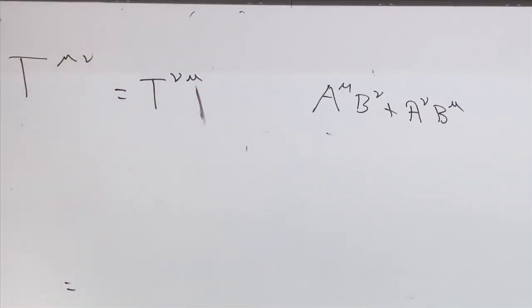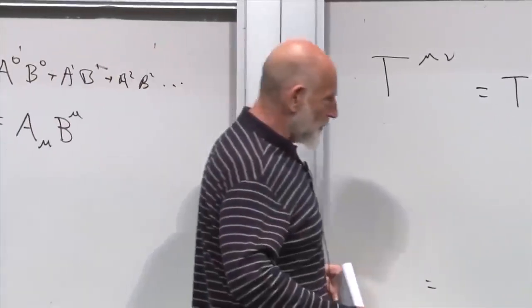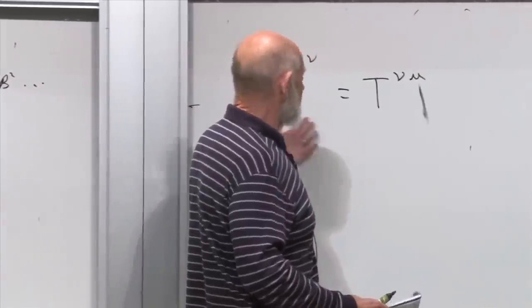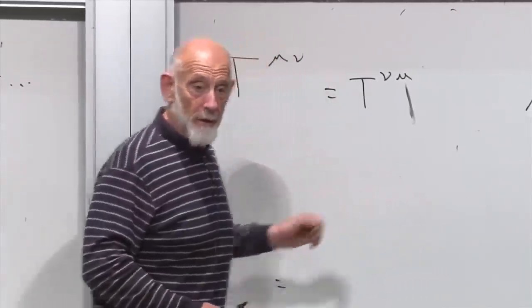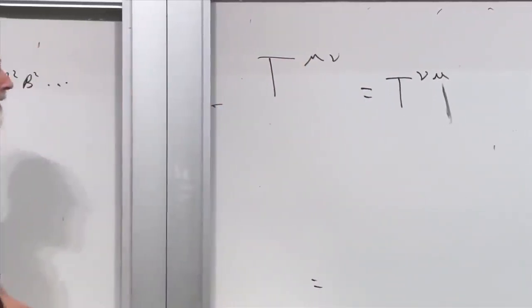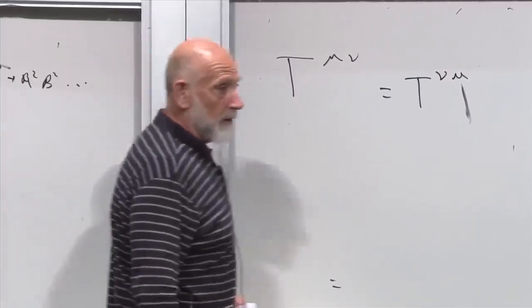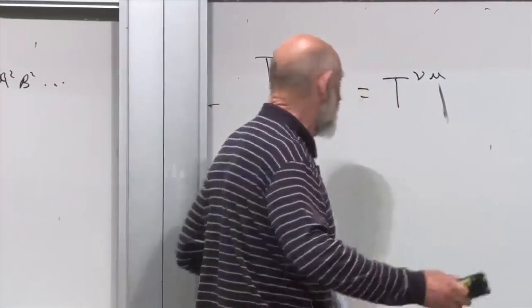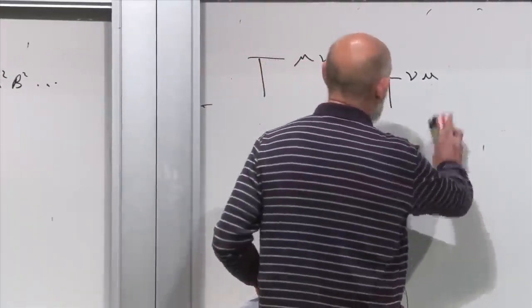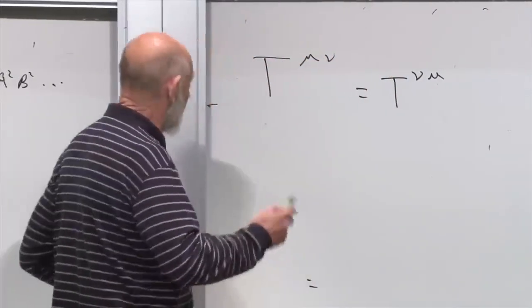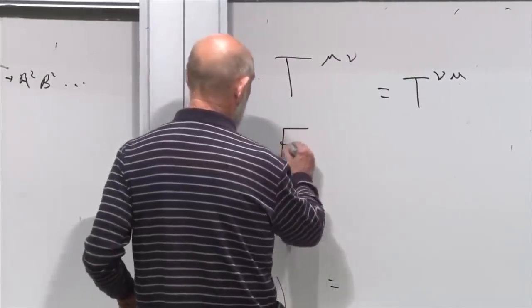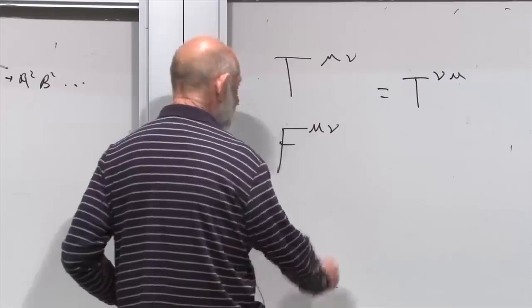Some tensors are symmetric, others aren't. A symmetric tensor has a special place in general relativity, not so important in special relativity. Well, it'll come up. But more important for us tonight is the antisymmetric tensor. Let's call it F mu nu.